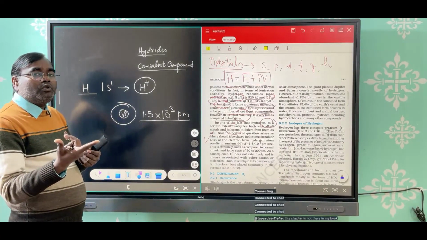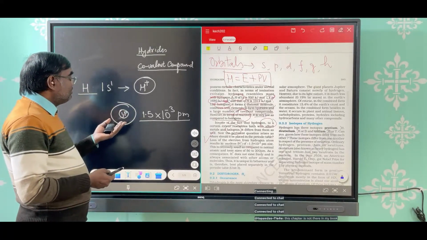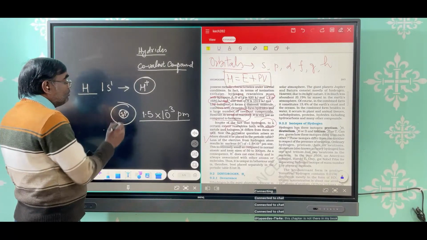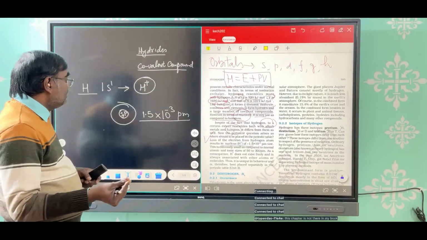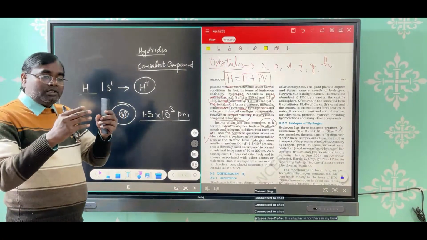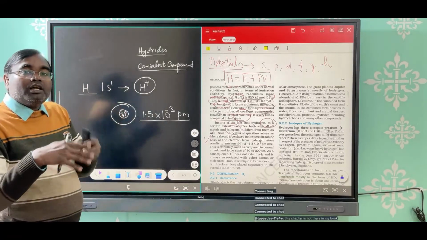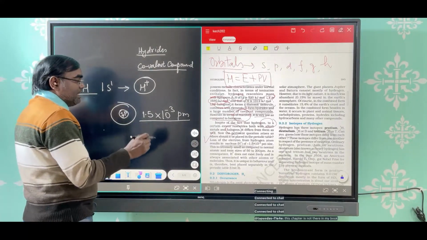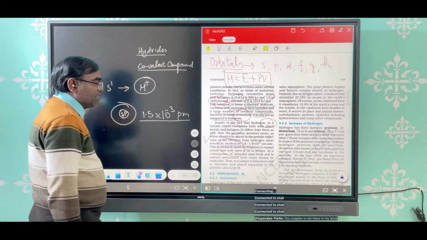And if there are no electrons, only the nucleus is left, so the size will definitely be small, with only one proton, so the size of the nucleus will itself be very small. If there are more nucleons, the size of the nucleus may be more, to occupy all those nucleons, right? So it is extremely small compared to the normal atomic and ionic sizes.